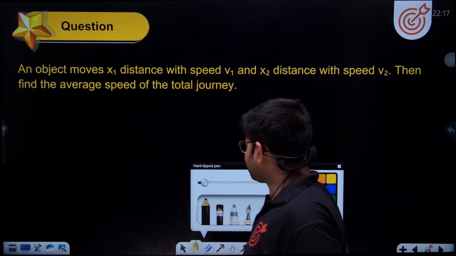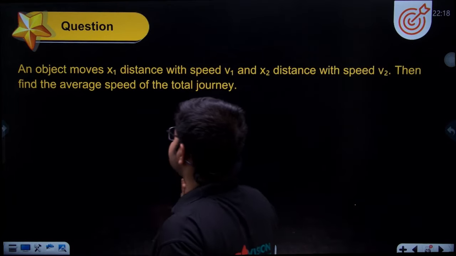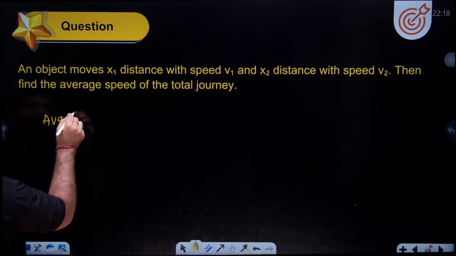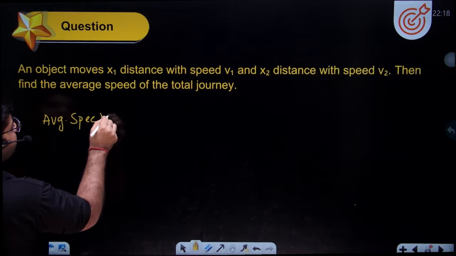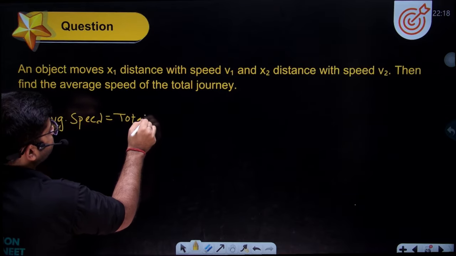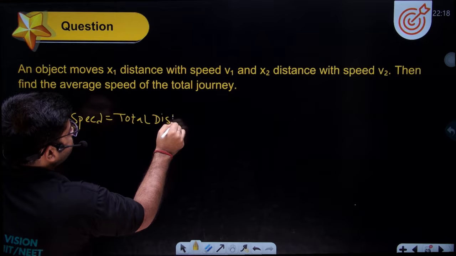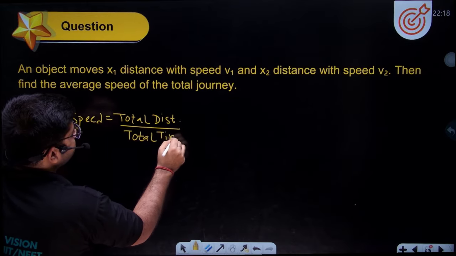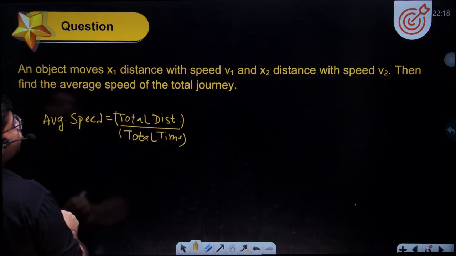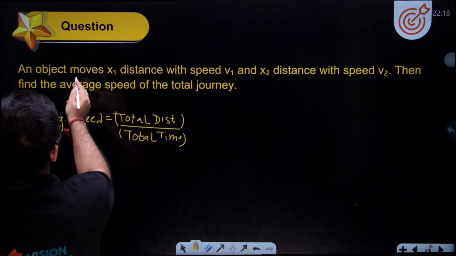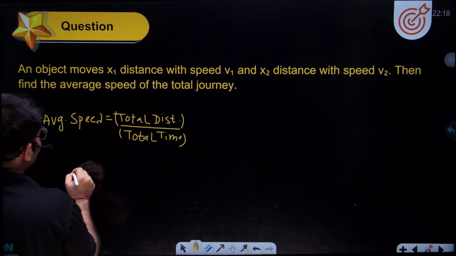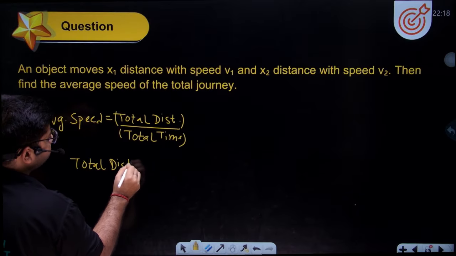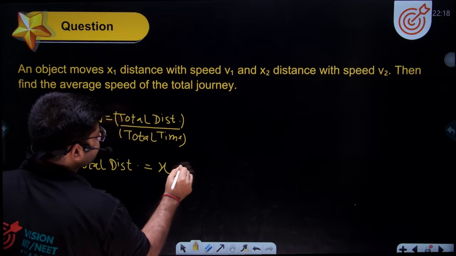Average speed means total distance by total time. The total distance here is x1 plus x2.